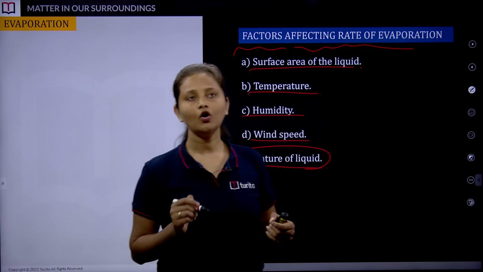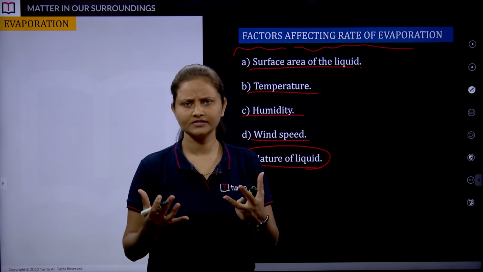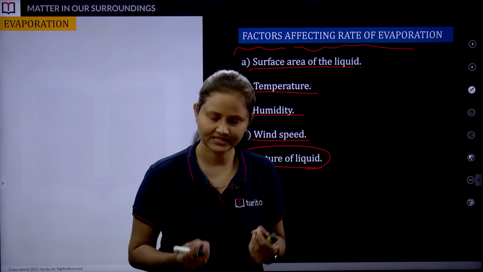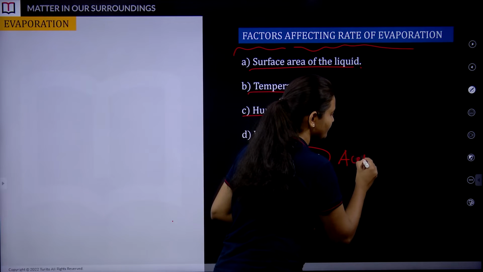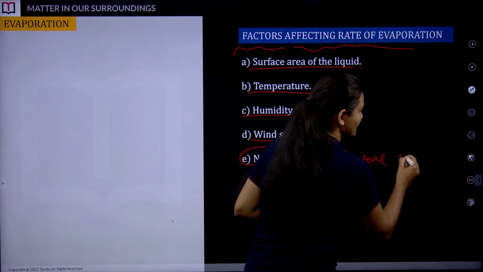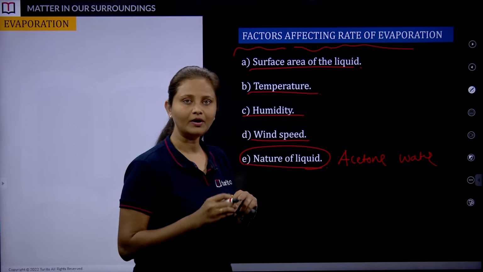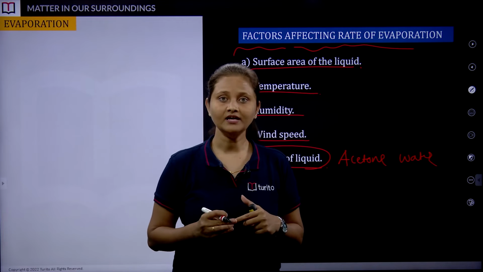Okay, have you all observed nail paint remover, it evaporates much faster than water. Okay, so this is nothing but acetone, its chemical name is what? Acetone. So we need to compare between acetone and water. If you apply it on your skin, after some time you experience some cooling on your skin, right?